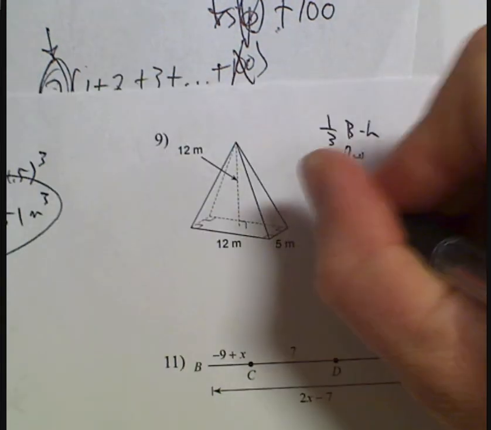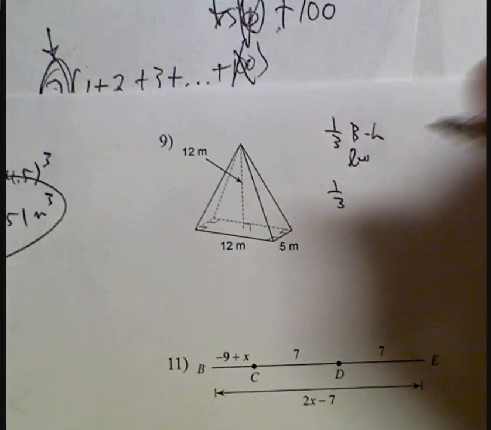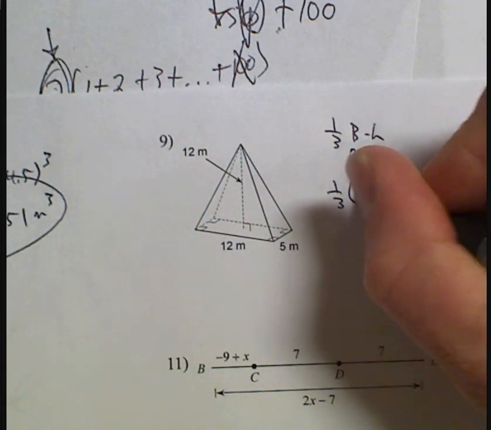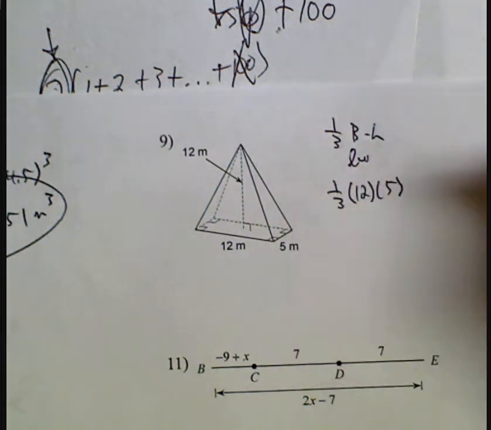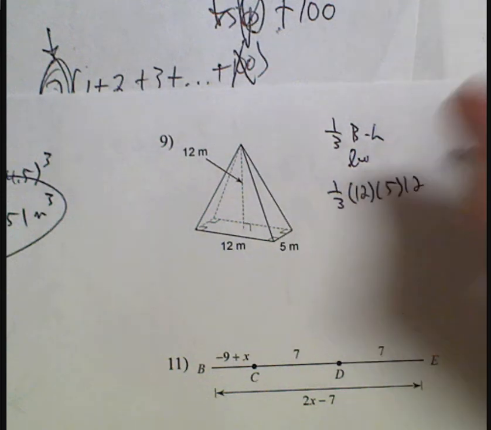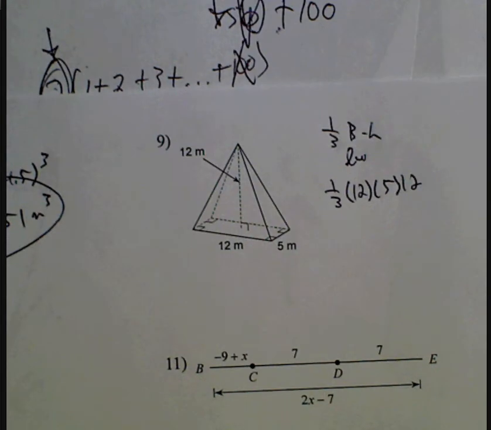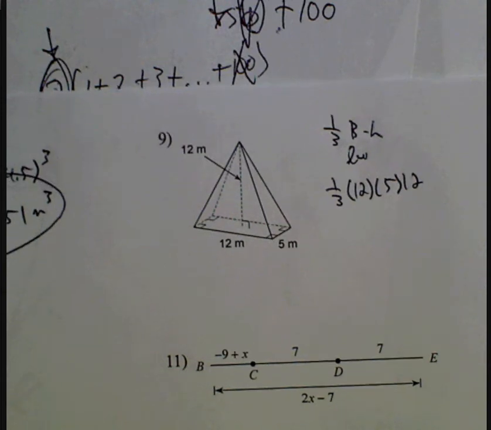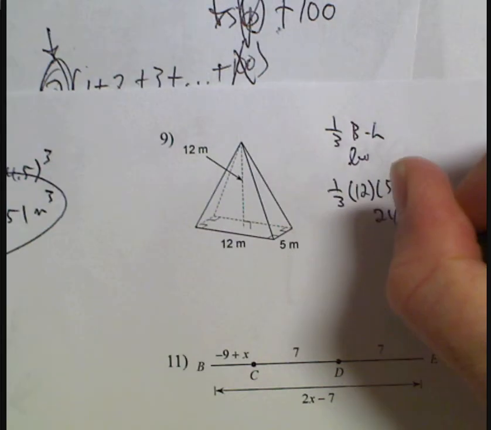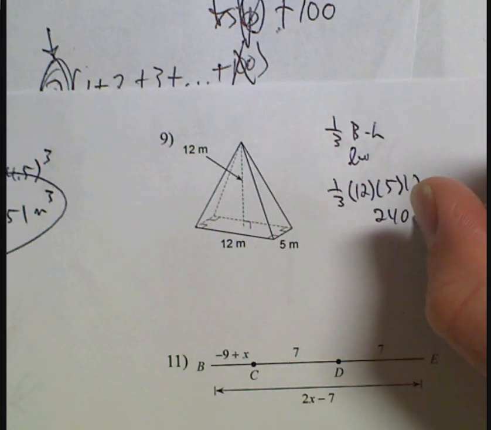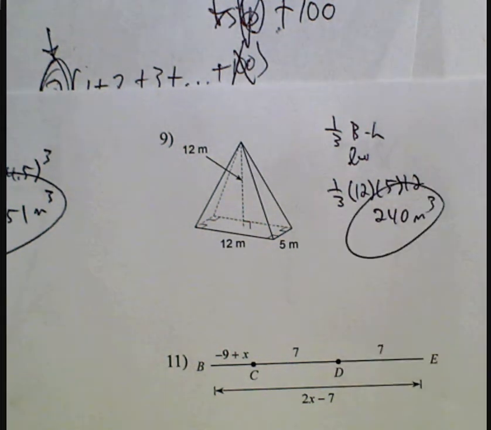So I would take 1/3. My length is 12. My width is 5, and the height is 12. So 1/3 times 12 times 5 times 12. 240, and this would be meters cubed.